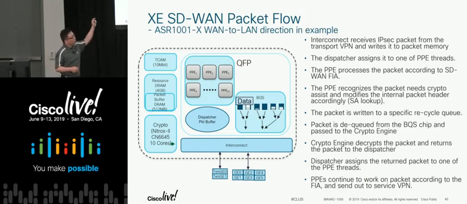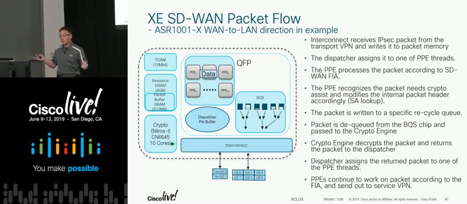So it writes the packet into specific recycle queues in the BQS, the traffic manager. Then the packet is dequeued from the BQS and passed on to the crypto engine. The crypto engine decrypts the packet and returns it to the dispatcher, and the dispatcher finds an available PP thread.